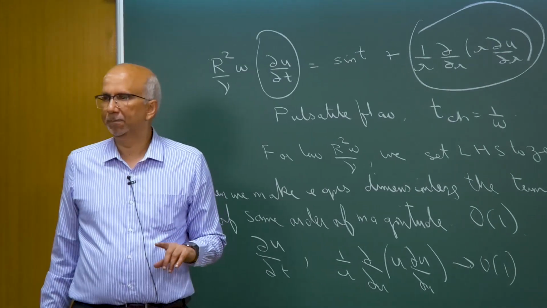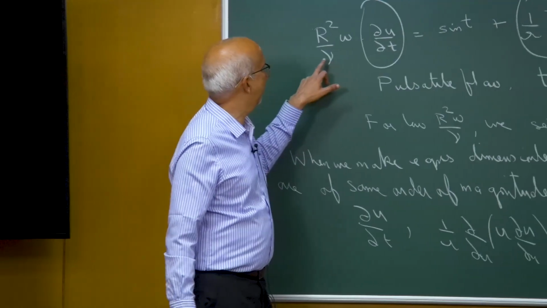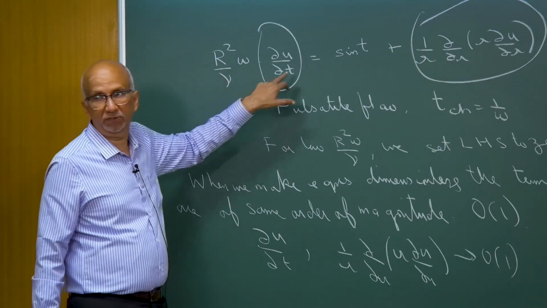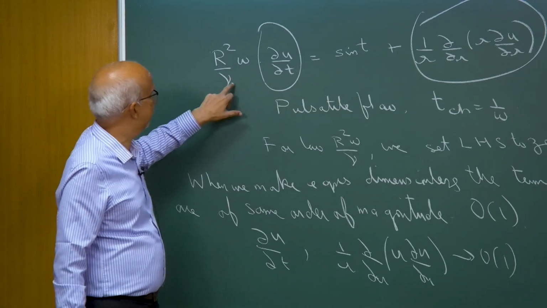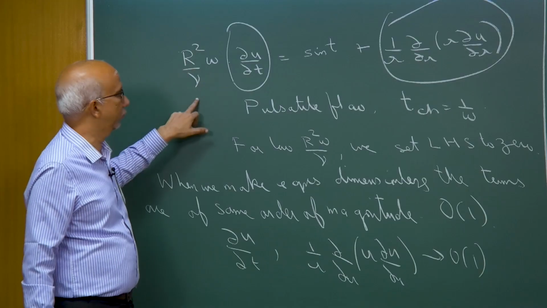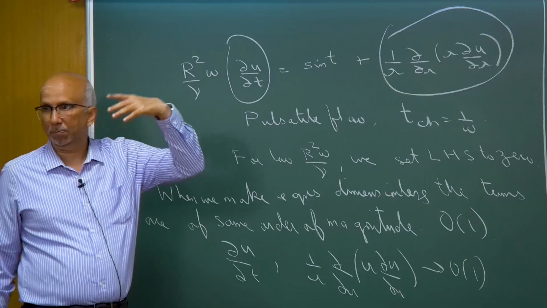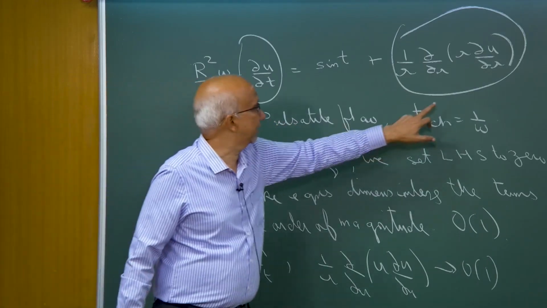Only then, if they are of the same order of magnitude, can I neglect this term for small r squared omega by nu. For example, when I say this r squared omega by nu is small, suppose it is 10 power minus 5, but if this derivative is 10 power plus 5, then this will be of order 1, which is the same as this order.